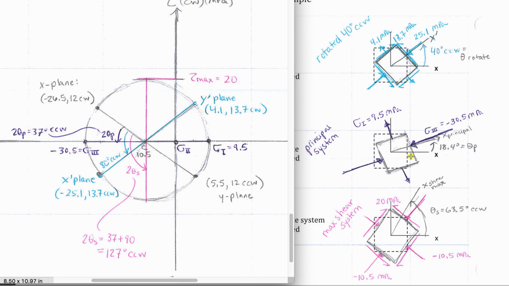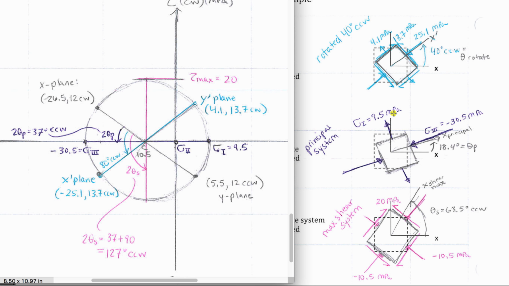Let's look at our principal coordinate system depicted here in purple. So our original x-plane rotates theta p counterclockwise to our principal stress 3, which is negative 30.5. So over here, our x-plane rotates 18.4 degrees counterclockwise to our principal stress 3, which is negative 30.5.